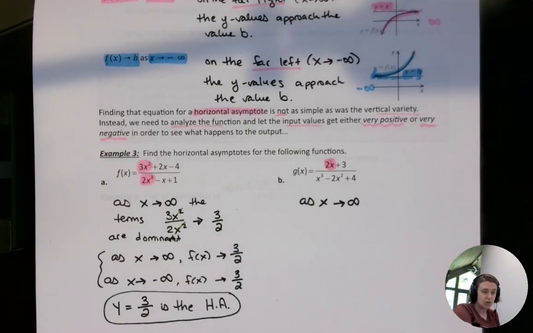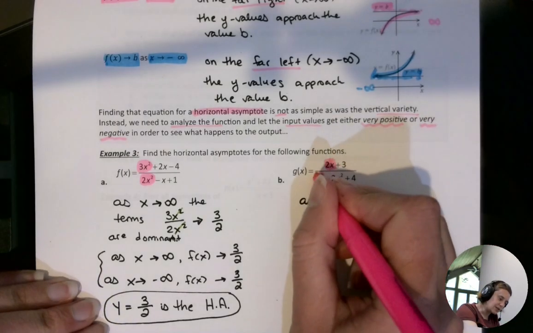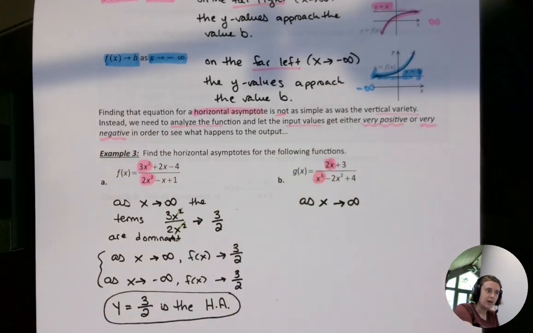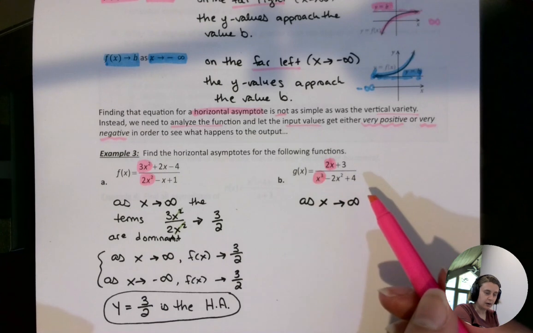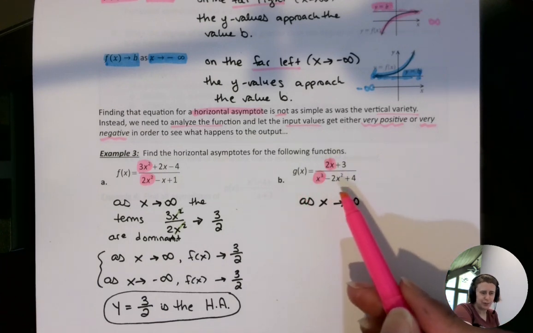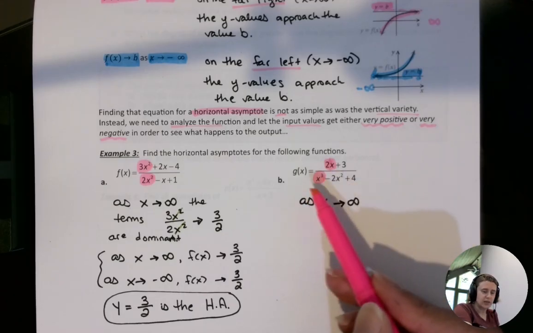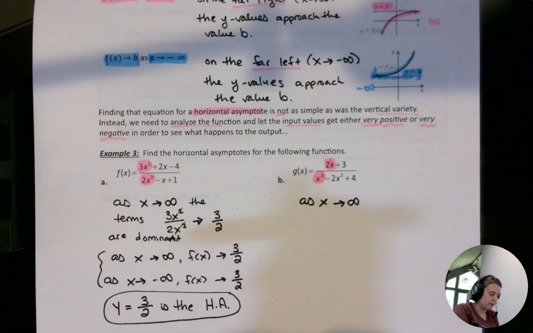So the 2x is controlling the path of the numerator. On the bottom, when you take those large numbers and you cube them, the term of highest degree is going to control the size of the denominator. So if you have a million minus 20,000, it's going to seem pretty small compared to the million.